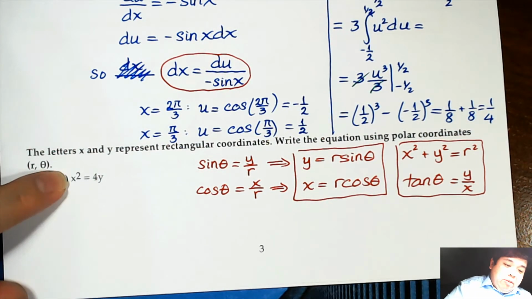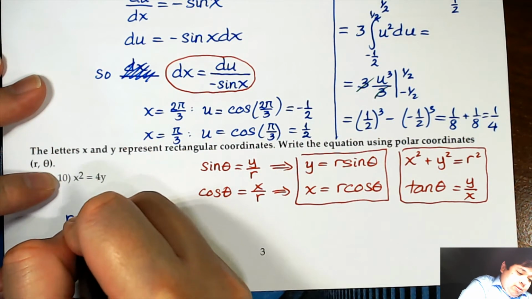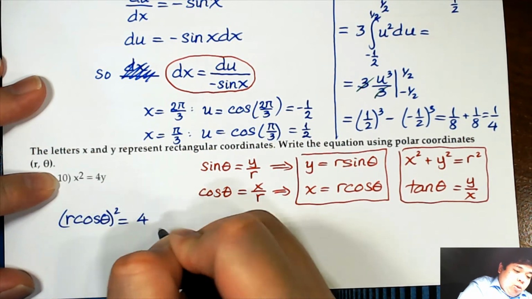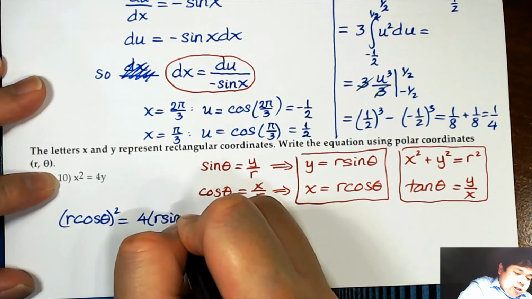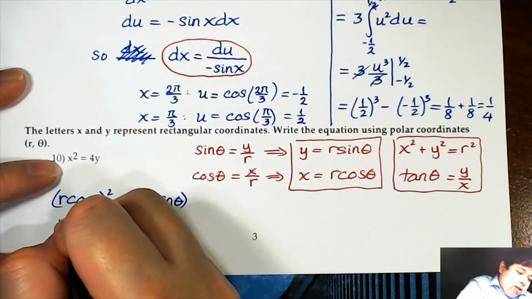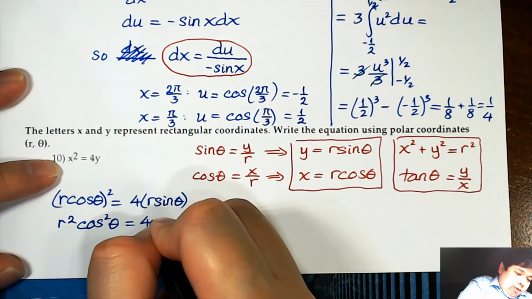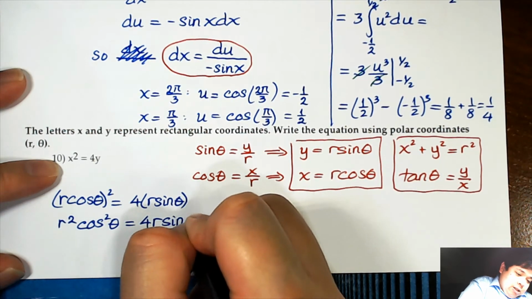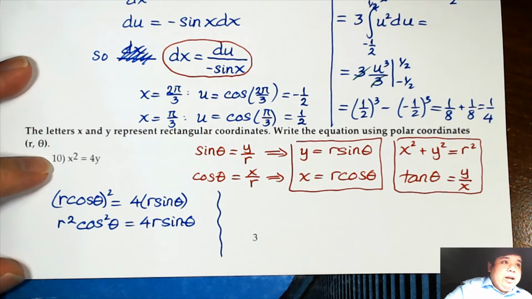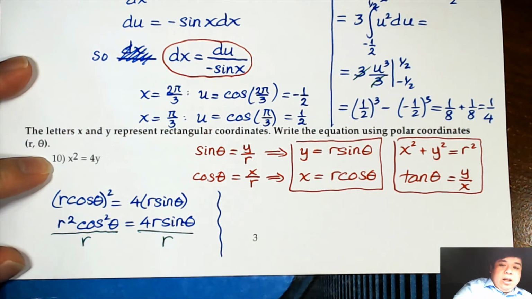Right. So first we have x, that is r cosine theta. And then y is r sine theta. Square out, cosine squared theta for r sine theta. Here we can divide by r on both sides, cancel the r here.